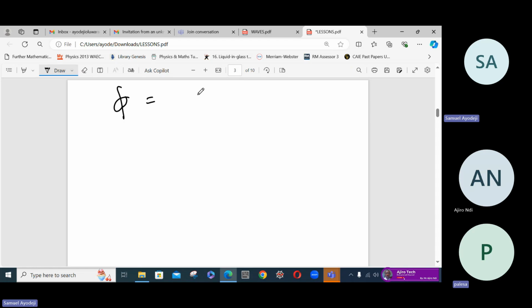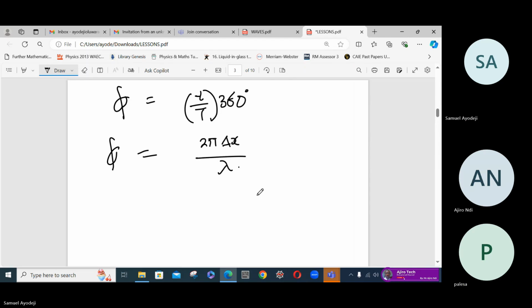We can use t over capital T times 360 degrees, or you can use 2 pi delta x over lambda. This one is in terms of degrees, and this one is in radians.